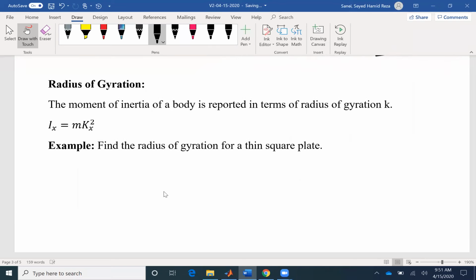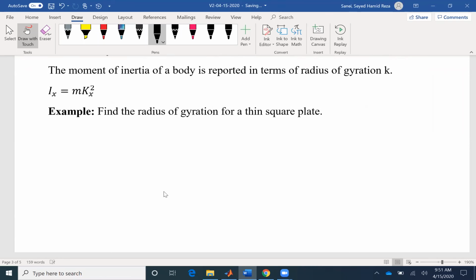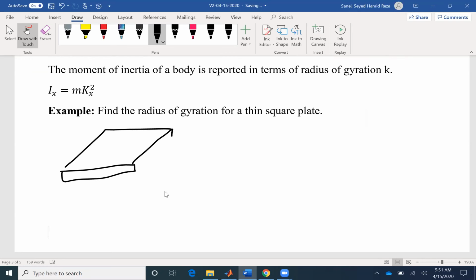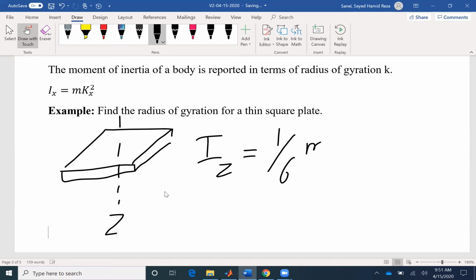As an example, if you want to find the radius of gyration for a thin square plate, let me draw a square plate. About the z-axis, the moment of inertia is 1/6 of the mass, m a squared, where a is the length of our square.